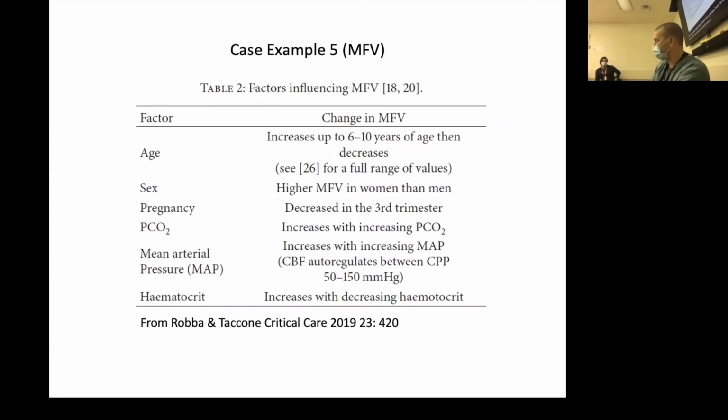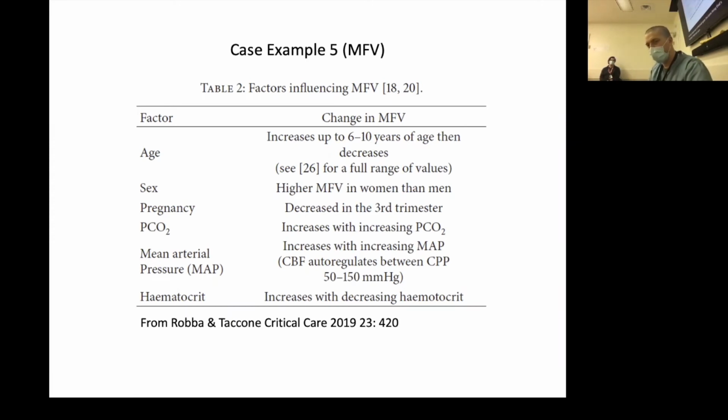And in particular with these subarachnoid hemorrhages, well, what do we do with these people? We pound them with fluid after they've been coiled, we drive their blood pressures up. Both of those things, you know, hyperemia and elevated MAPs are going to drive the mean flow velocities up. So the workaround to that is to say, is the thing that's happening in intracranial space the same thing that's happening in extracranial space, okay?